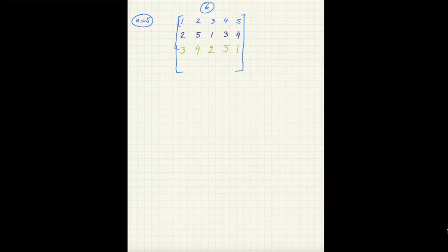So what's happening here? At each step, we are dealing with what is called a Latin rectangle. It's this one here, the first 3 rows.